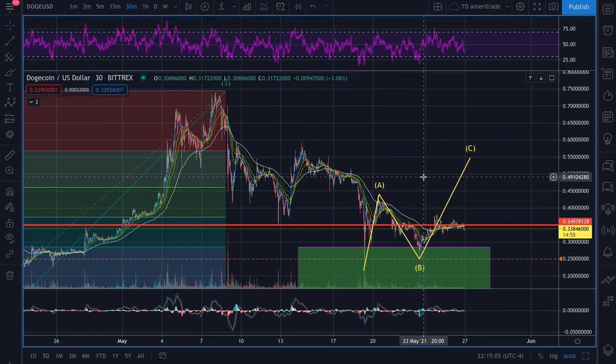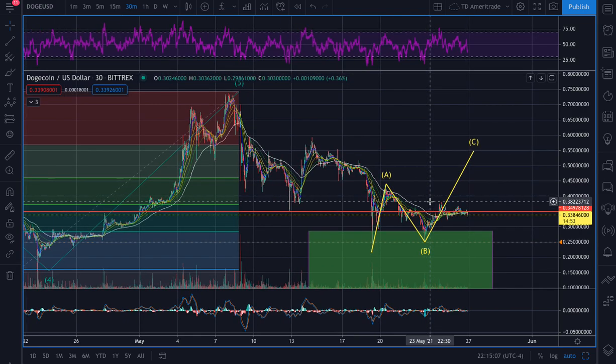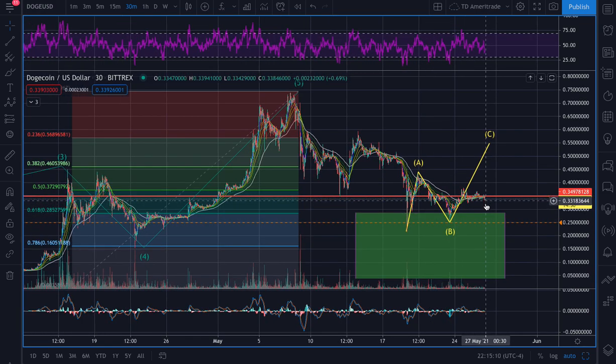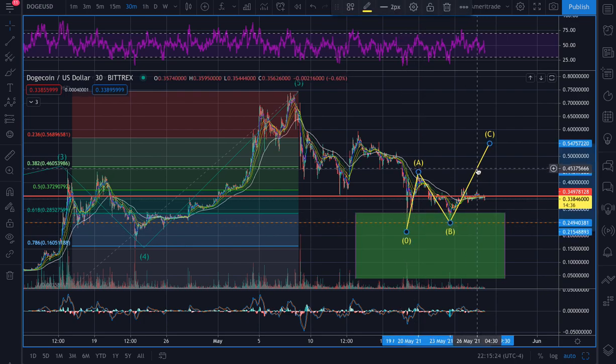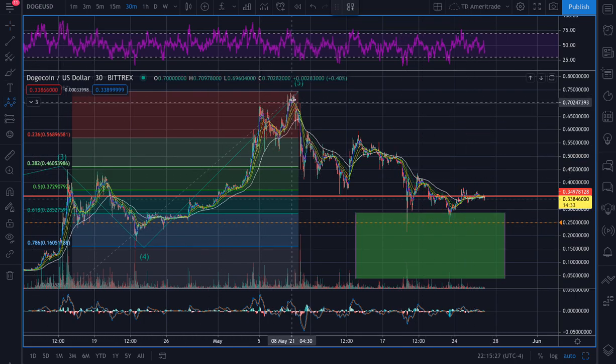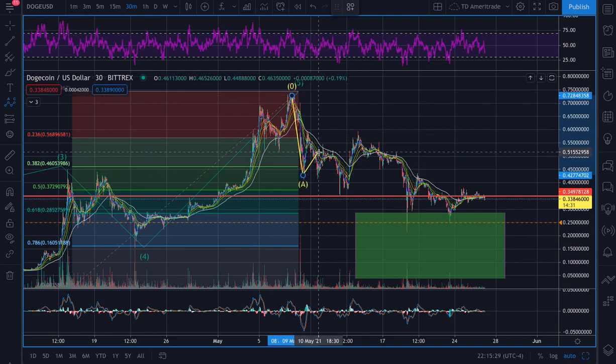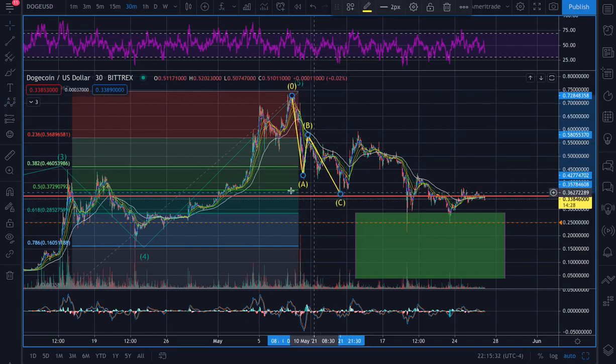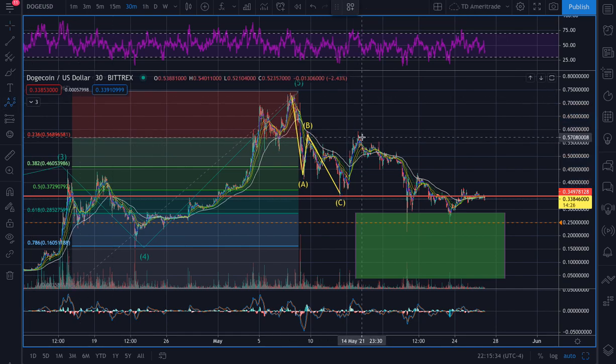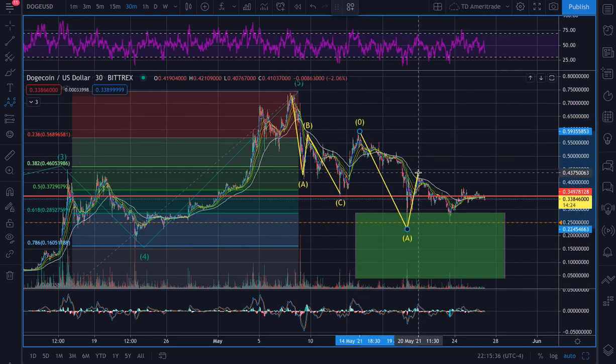This one is pretty difficult, but if it goes down, I have an alert that's going to go off, and it's already made 3 waves down. So, unless that was 3, this could be 3.